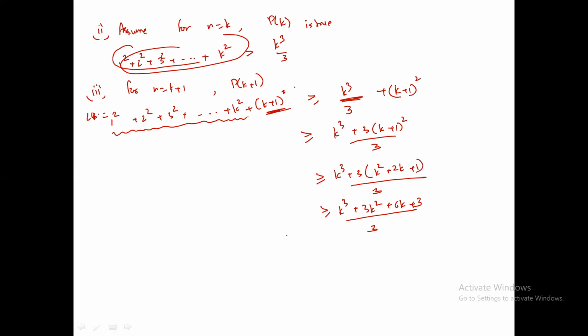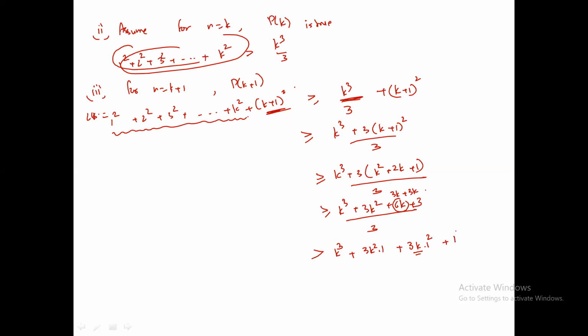Now I can make some changes here. Because I have k cube, I must have 3k square into 1. Then I must have 3k into 1 square. So for that, what will I do? From 6k, I will take 3k and 3k separately. I'm using one 3k here.